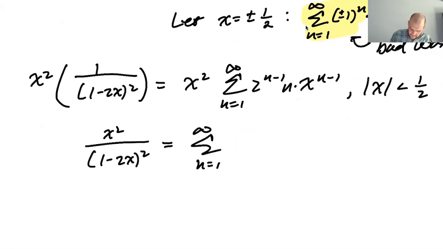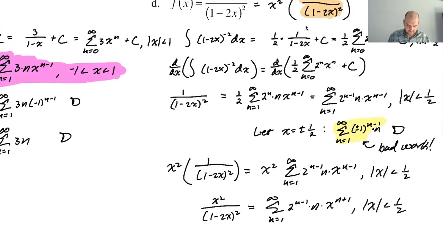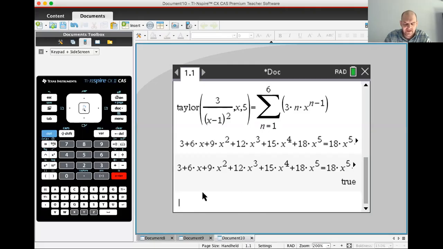So then x squared over the quantity 1 minus 2x squared is this one. This one we could probably check, because I am not 100% confident on my work. Better to be underconfident than overconfident, probably. So I'm going to check this. How shall we check this? Let's see. Have the calculator spit out some terms, maybe?